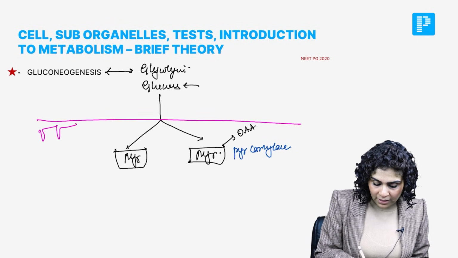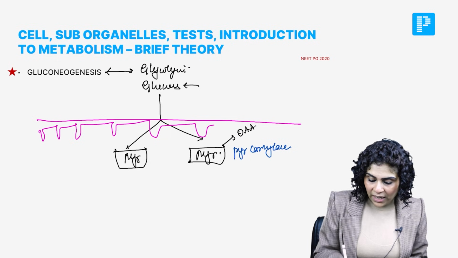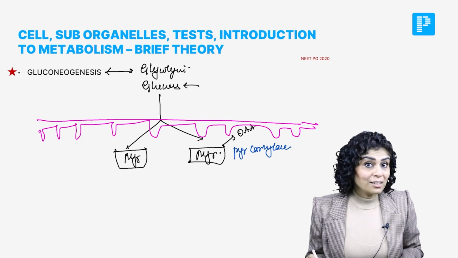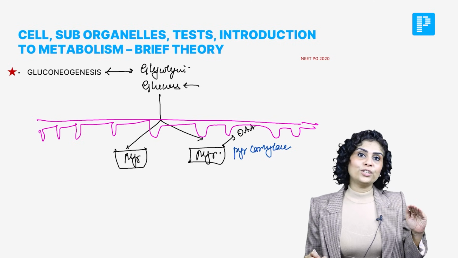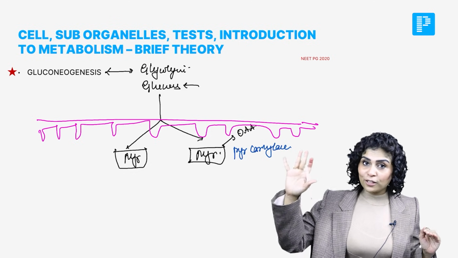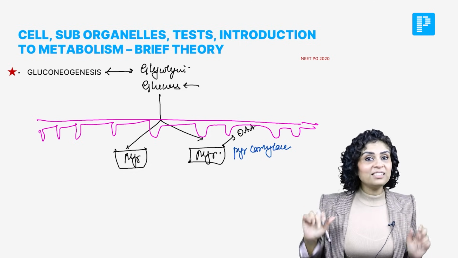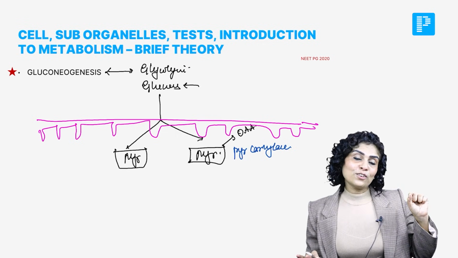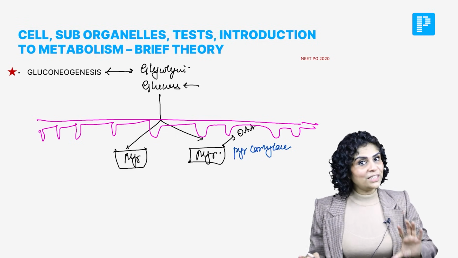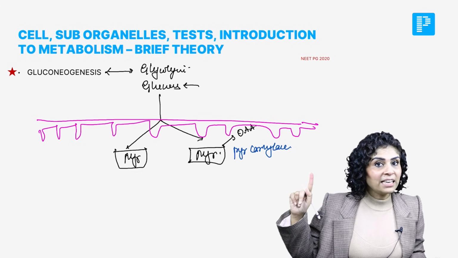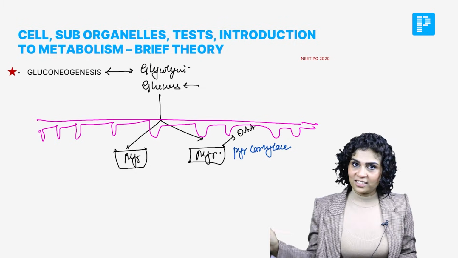Pyruvate dehydrogenase complex converts pyruvate into acetyl-CoA, and pyruvate carboxylase converts pyruvate into oxaloacetate. Pyruvate dehydrogenase complex links glycolysis with citric acid cycle. Pyruvate carboxylase is the first enzyme of gluconeogenesis.